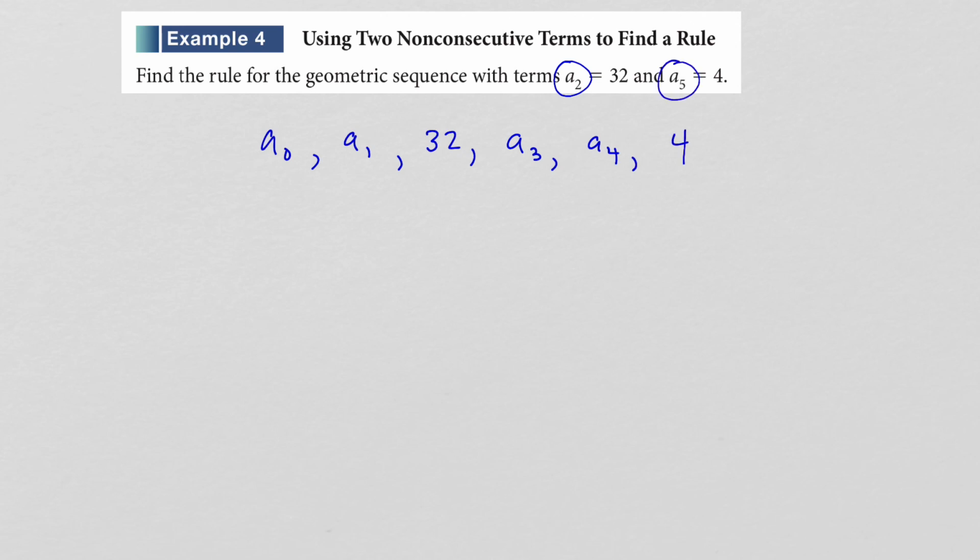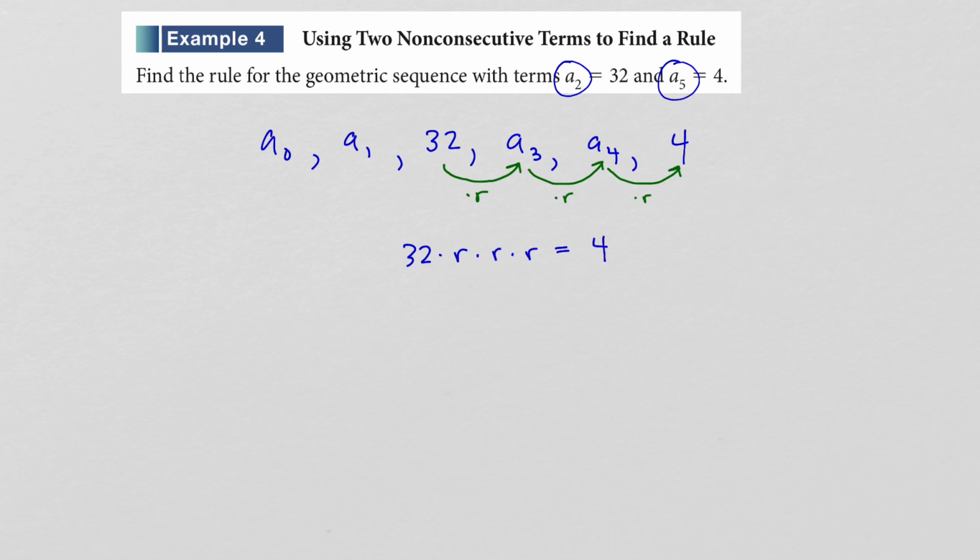So what we're going to do here is say, well, the way you move from term to term in a geometric sequence is you multiply by R. You multiply by R again, and you multiply by R again. So to get from 32 to the number 4, we take 32 and multiply by R three times.